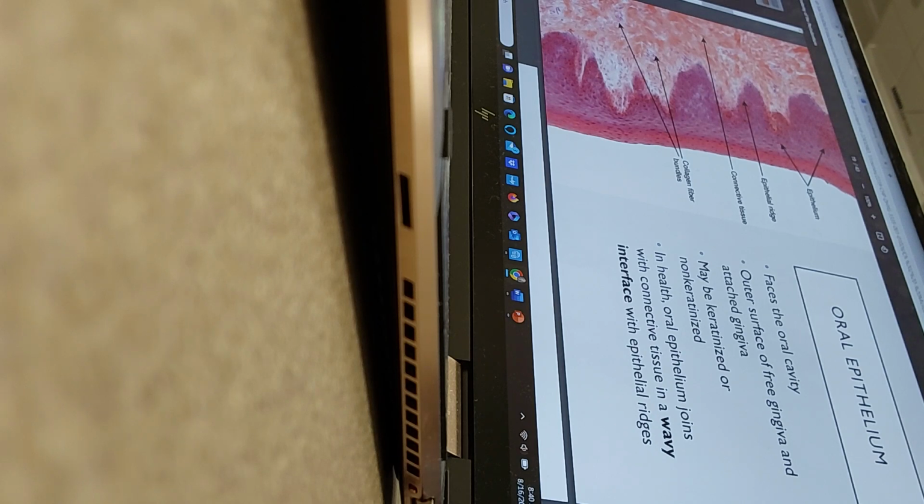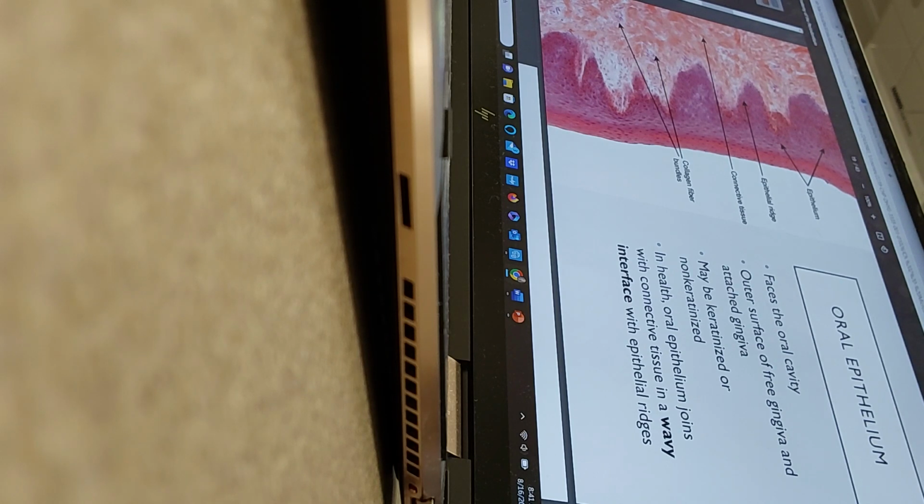Okay, so let's see. We already talked about keratin. There's also a term para-keratinized, which is tissues that are partially keratinized, okay, instead of one or the other. So you see some of that happening in between. Like, see how there's some of these that look like they have little nuclei in them, okay?